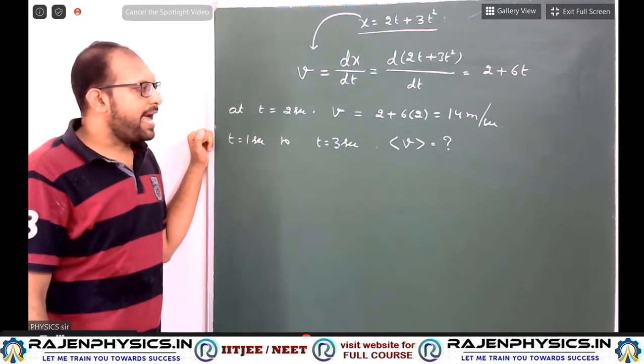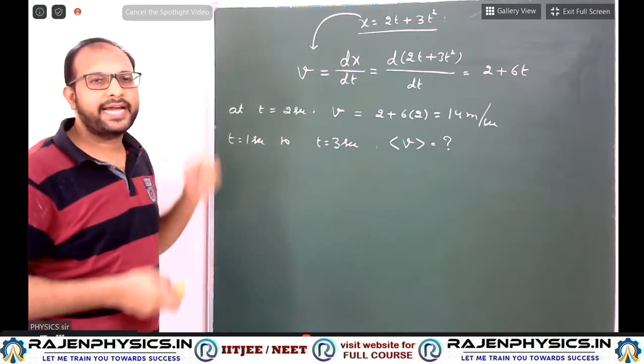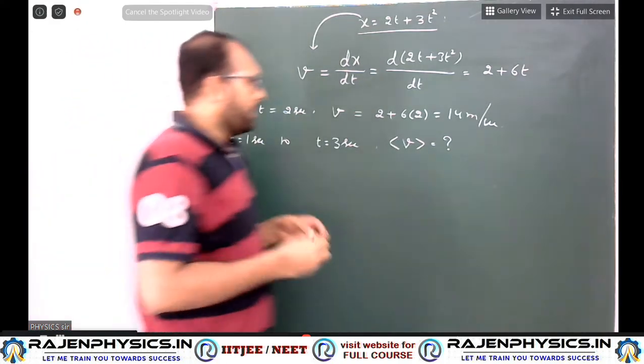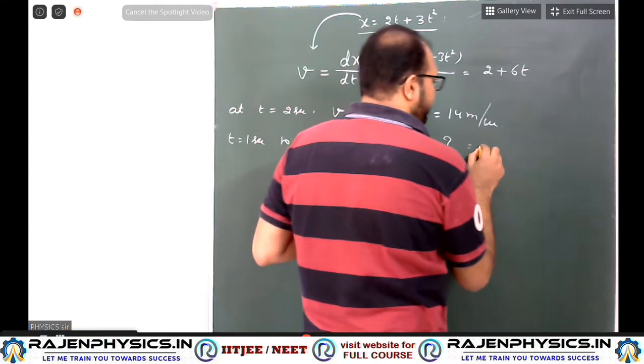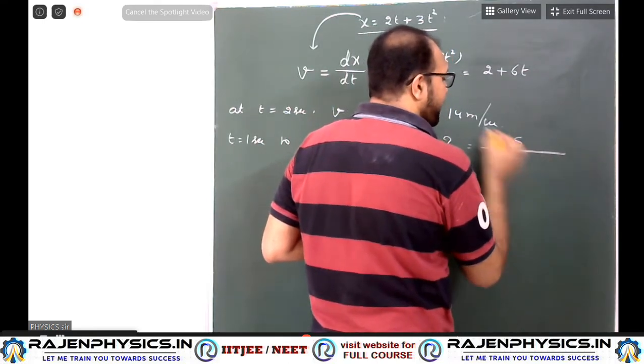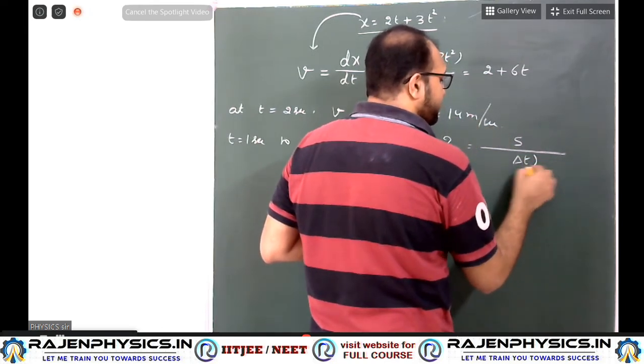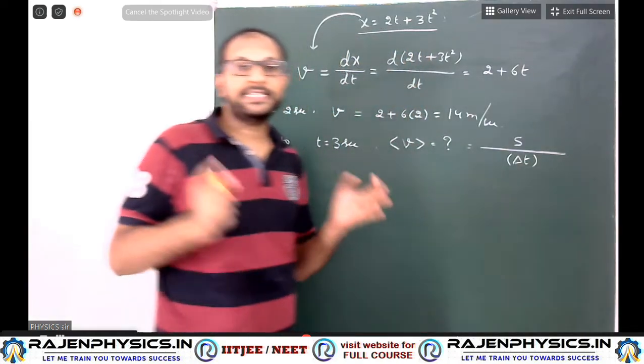Students, average velocity is nothing but total displacement divided by time taken. Here average velocity is total displacement, symbol S, divided by total time taken. That is delta t because it is a time duration.